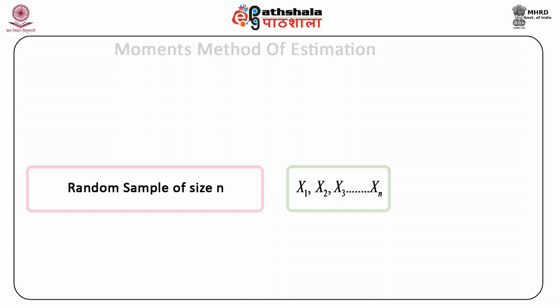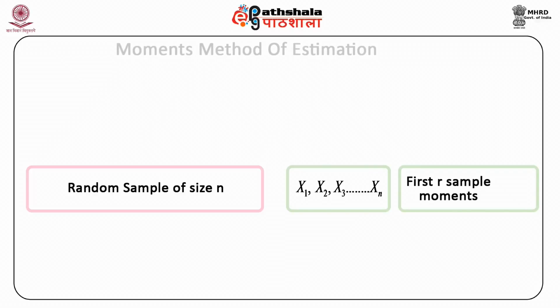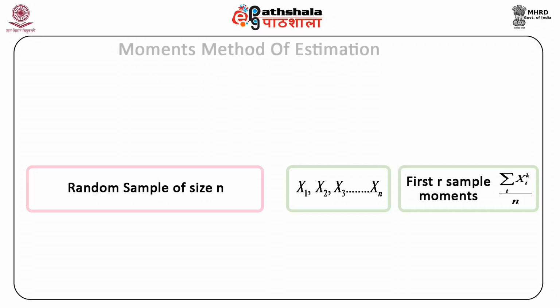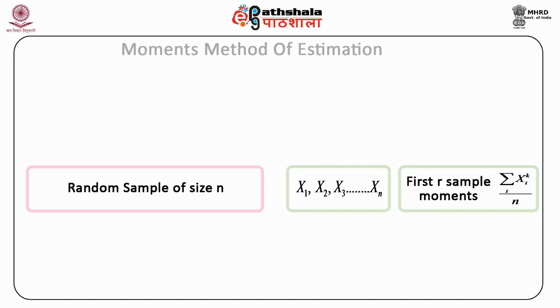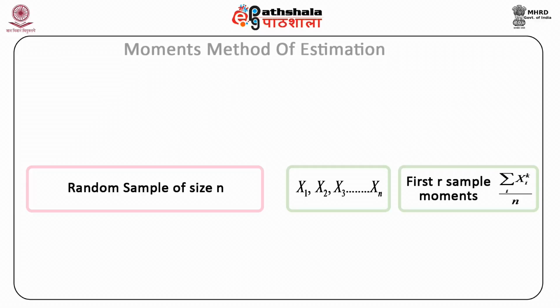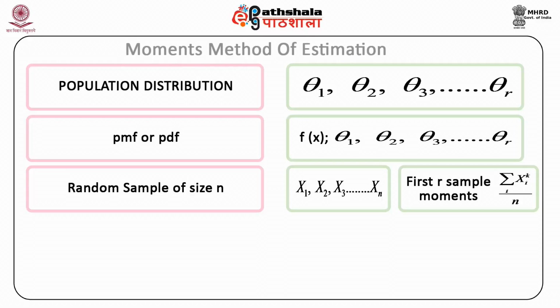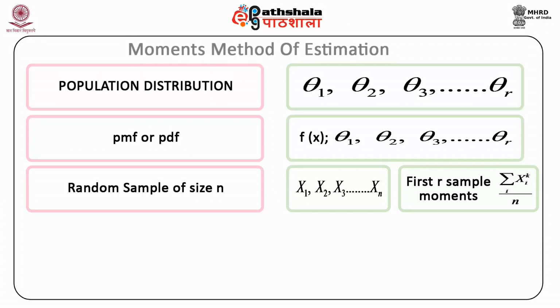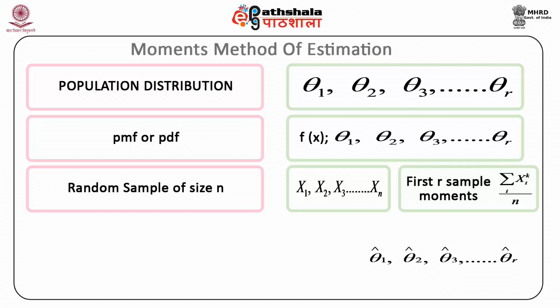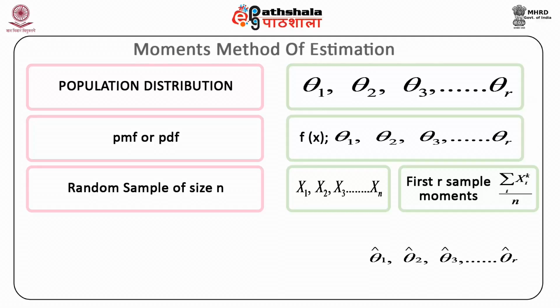Next, we obtain the first r sample moments, which could be defined as summation over i of x_i raised to power k divided by n for k equal to 1, 2, 3 up to r. Next step is to set up a system of r equations by equating the first population moment with the first sample moment, the second population moment with the second sample moment, and so on. By equating each of the r population moments with the corresponding sample moments, we have r equations as functions of the r unknown parameters.